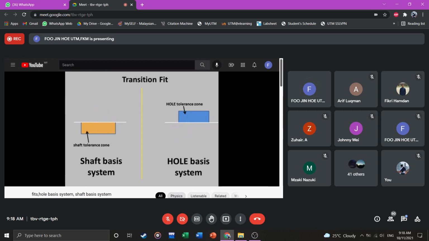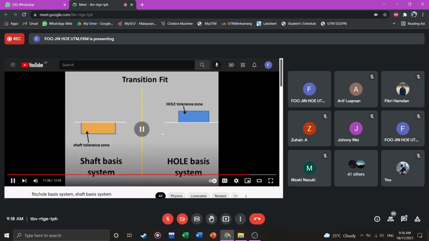As we have studied, in transition fit, hole tolerance zone and shaft tolerance zone must be overlapped partially or completely. Actually, this diagram basically is very good. As you can see from here, the white line basically shows the zero line, and for the shaft basis system, it is maximum only at the zero line. Means that if it's a diameter 50, it will be 50.0, and it can be anything smaller than 50.